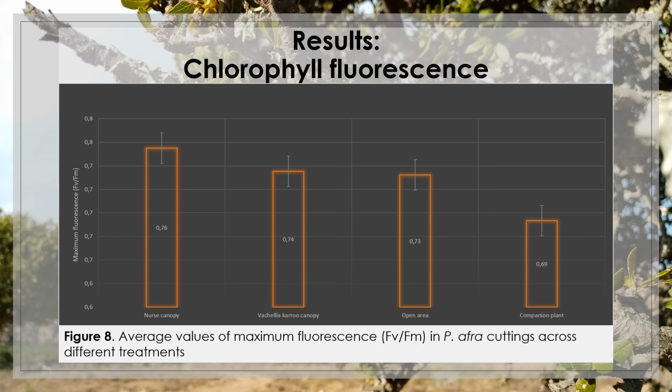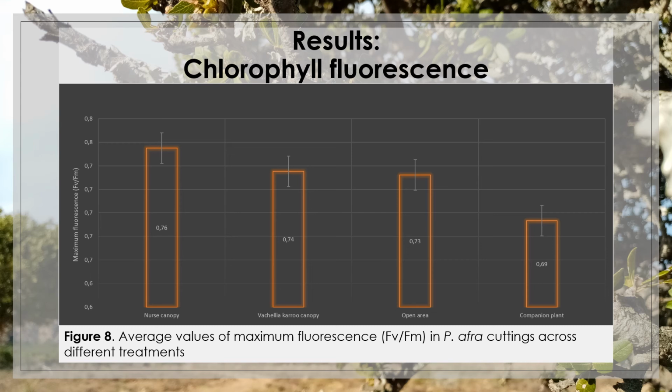Hence why they have the highest photosynthetic efficiency amongst all the spekboom across the different treatments. Much of the same can be said for the spekboom cuttings underneath the Vacilla canopy. As well, the canopy of the Vacilla may not be as densely vegetated as that of the nurse canopy. The spekboom cuttings still enjoy much of the same benefits.